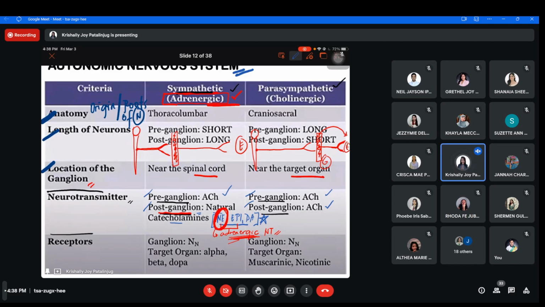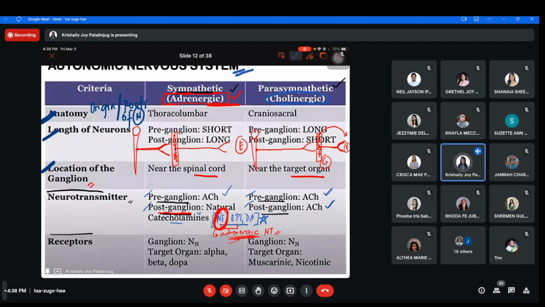Now, if acetylcholine is the neurotransmitter na nare-release ng neurons, parasympathetic neuron, syempre, ang matatanggap na neurotransmitter ultimately ng effector organ would be acetylcholine. So ang i-elicit niya na mga responses would be cholinergic responses.